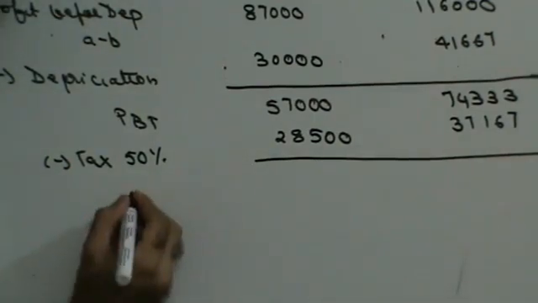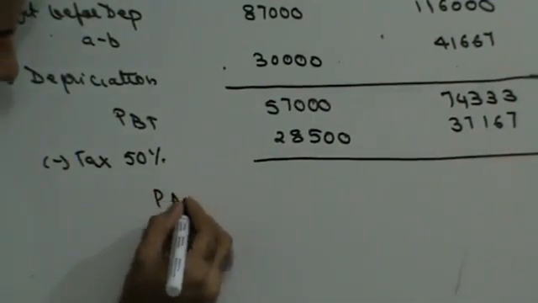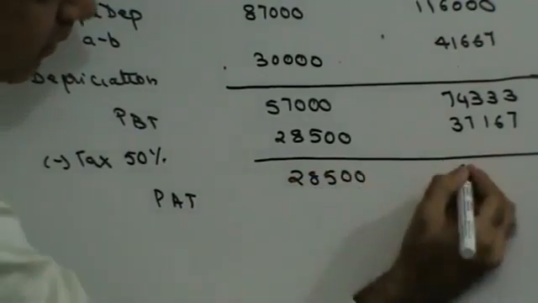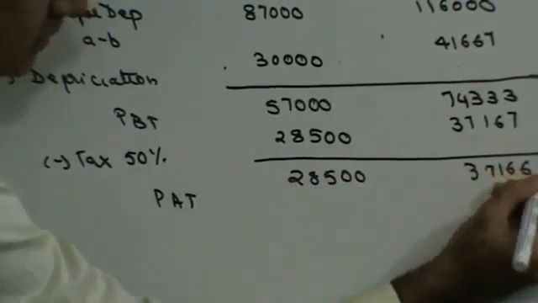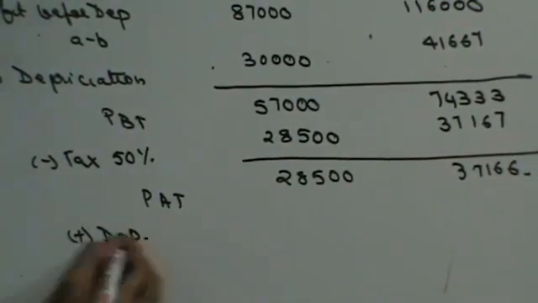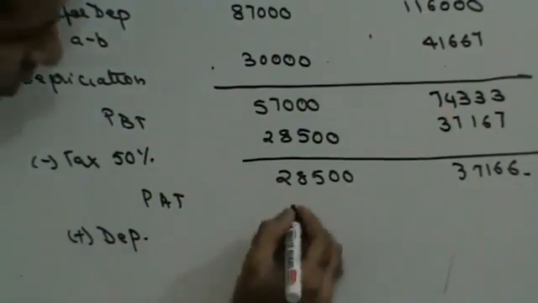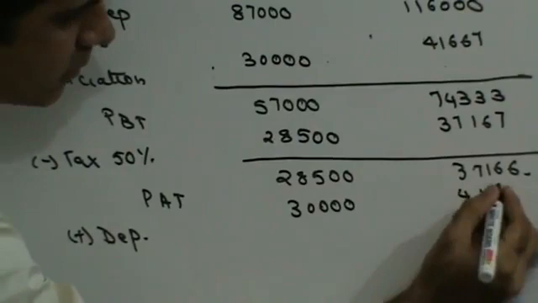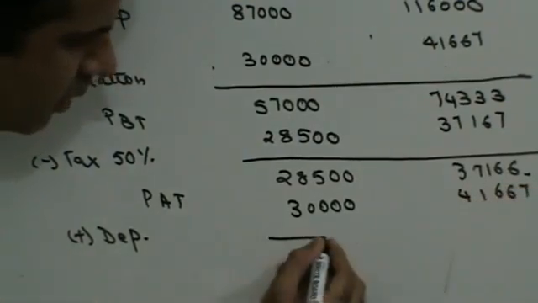So in which case you will get PAT, profit after tax, which is going to be 28,500 and 31,166. Right? Add back depreciation. Depreciation is 30,000 here, and 41,667 here.